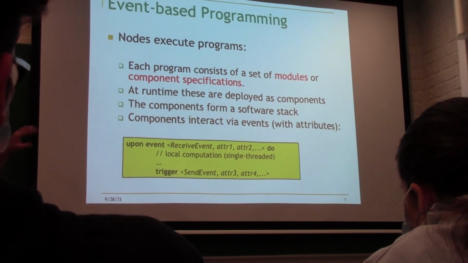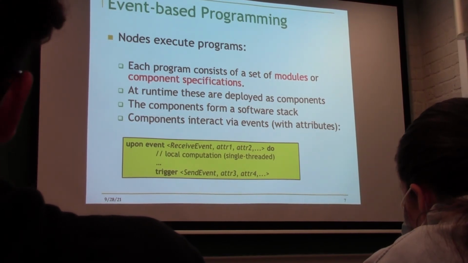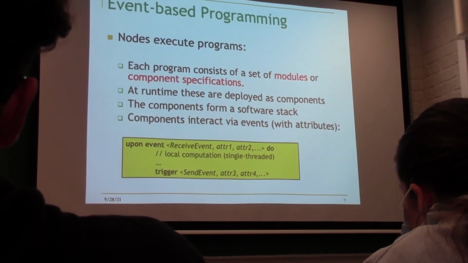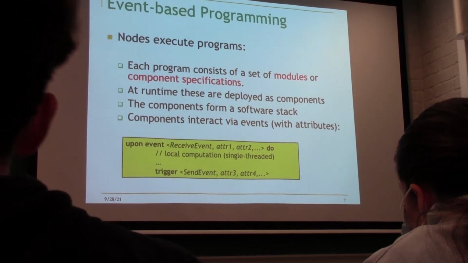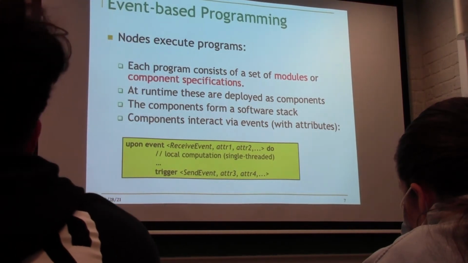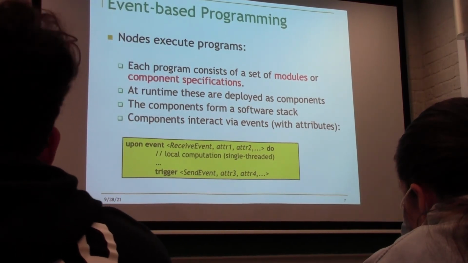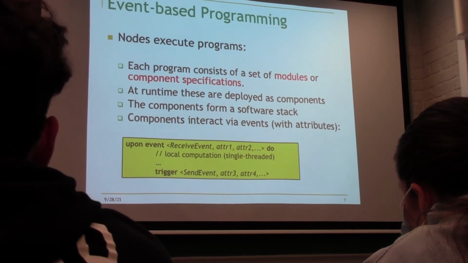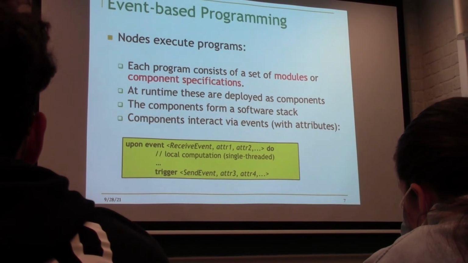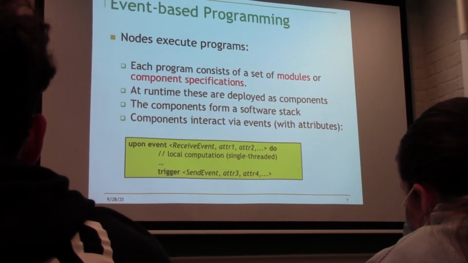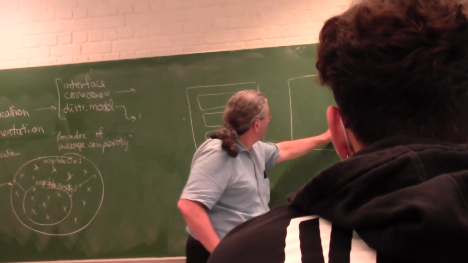So the nodes will be executing programs. I'm going to make some pictures also, because I want to give you the intuition of this. Each node is going to execute a set of modules. So this is a node, this is another node, and there are layers.